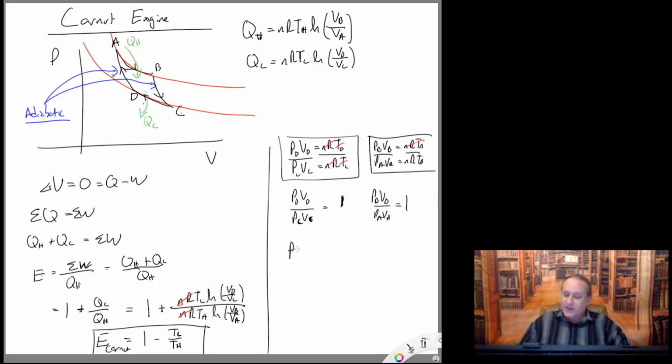I know I need the adiabatic legs, so let me just write them down and see how it works. So PA VA to the gamma equals PD VD to the gamma, and PC VC to the gamma equals PB VB to the gamma. So what I'm doing here is I'm looking at the adiabatic legs, and I'm just dividing the equation. So the leg A to D has the equation PV to the gamma equals constant.